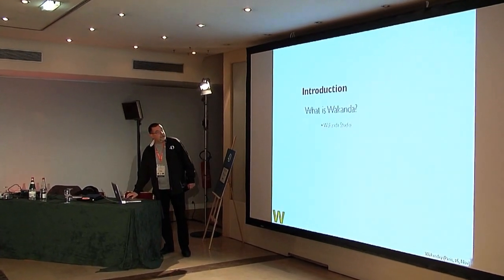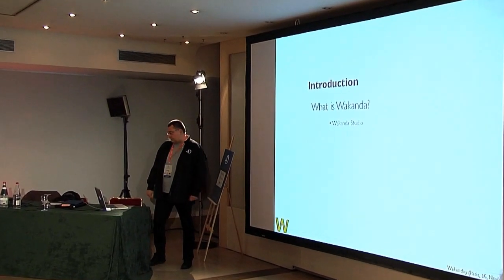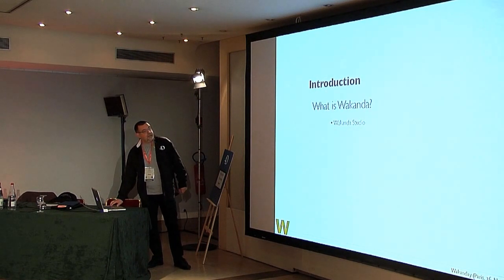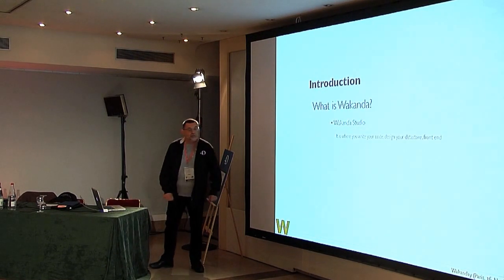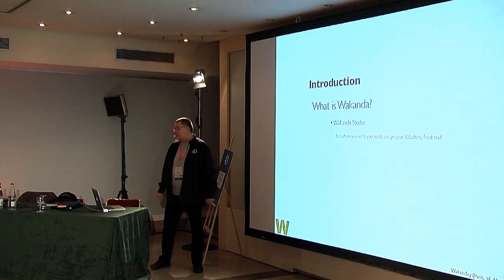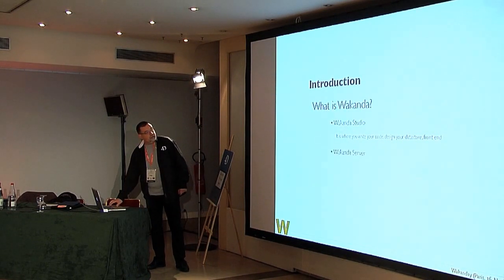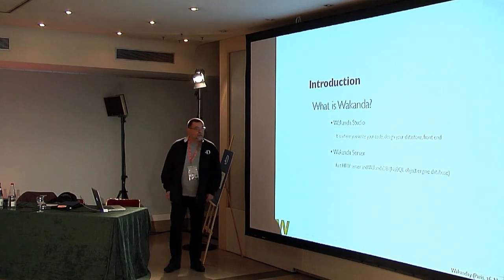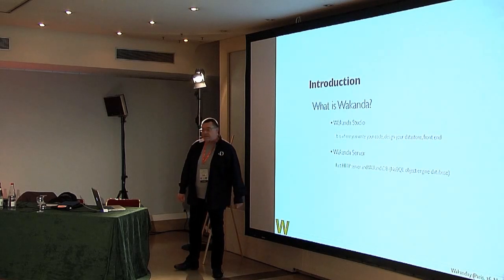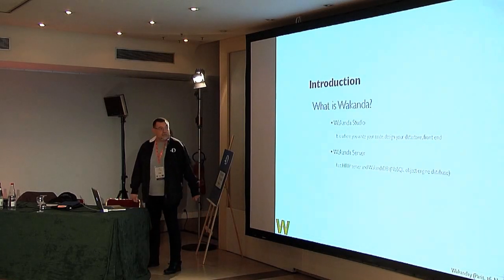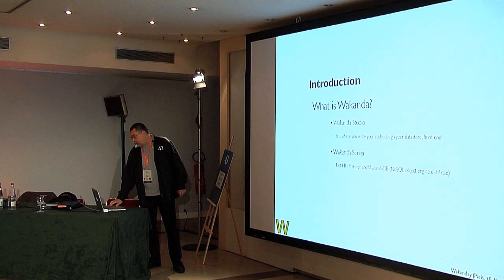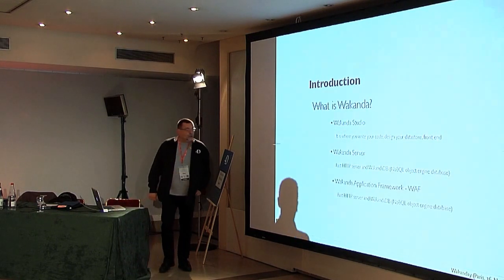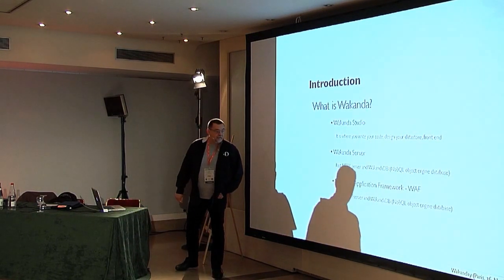You see what Wakanda is. It consists of Wakanda Studio, where you build your code, design your application and your front end, and Wakanda Server, which is a fast HTTP server and a fast database server with a NoSQL database engine. There is a third part, which we call the Wakanda application framework.